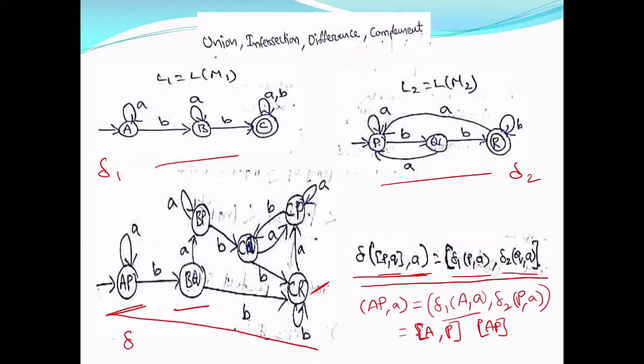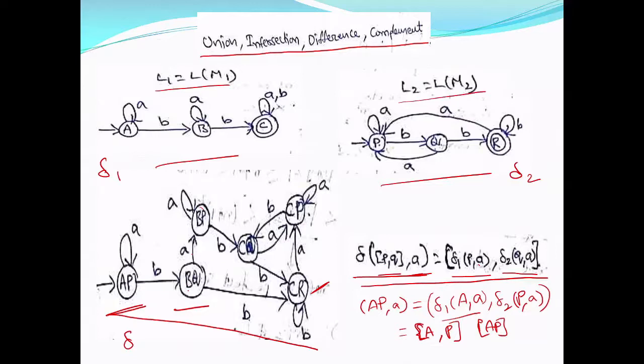In this I am illustrating how to get the union, intersection, difference and complement of the given regular languages. Now if L1 and L2 are two regular languages accepted by two DFAs, we are given DFAs, not exactly the languages. Now don't bother about what the language is. Even if you don't know, we don't mind.